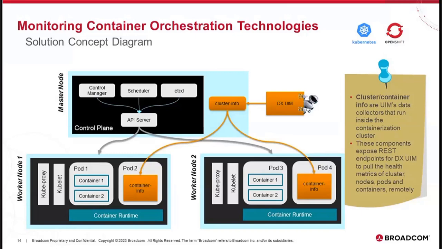Cluster info is something that's going to reside on a node like a master node, where it has the capability to collect the health metrics of the cluster, nodes, pods, and containers. And the significance of the container info is if there is a need to monitor in-depth metrics within the node.